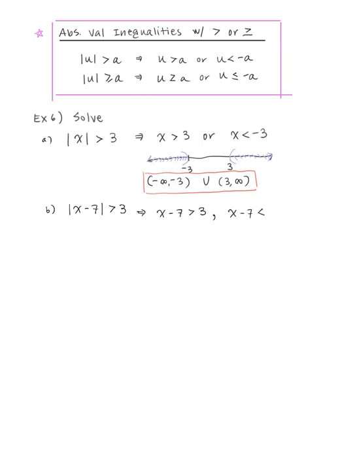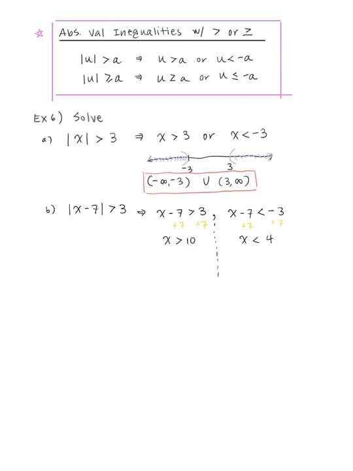And the negative side of 3, your inequality sign switches. So we have two inequalities that we need to solve. Here we need to do plus 7 plus 7. Then we're going to have x is greater than 10. Now for the other side, if I add 7 to both sides, then we're going to get x is less than 4.